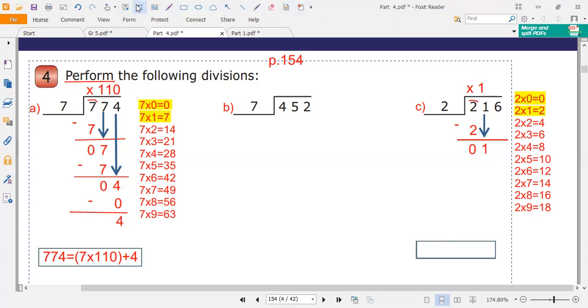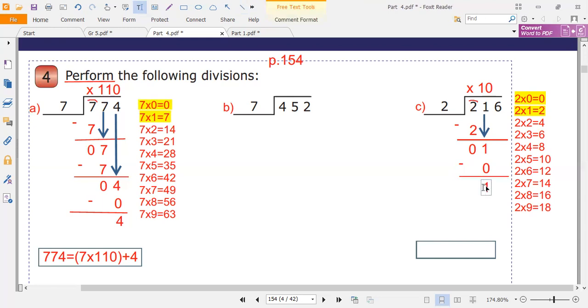We write 0 here next to 1. Then we multiply 0 by 2 equals 0. We write the answer under 1. Now we subtract 1 minus 0 equals 1.